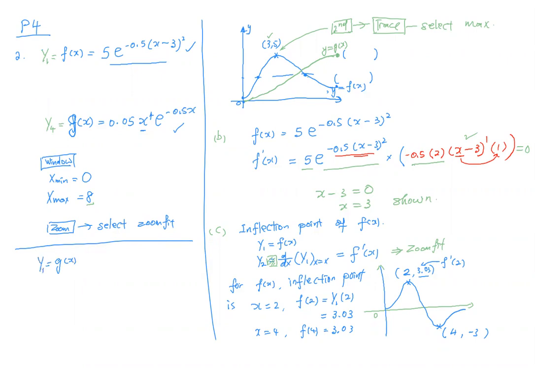What you can do is you go to your y5, you key in y4, x equal to x. Then you sketch the graph of y5 alone. Make sure only this is highlighted. Then you do a zoom fit. Then you see how the graph looks like.